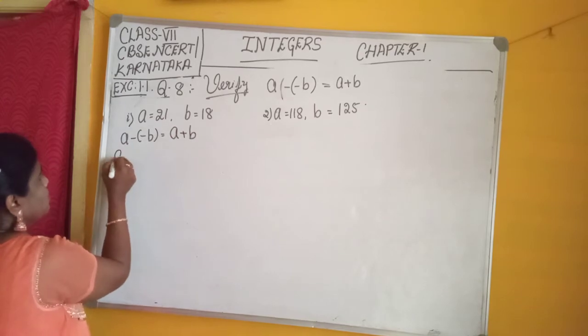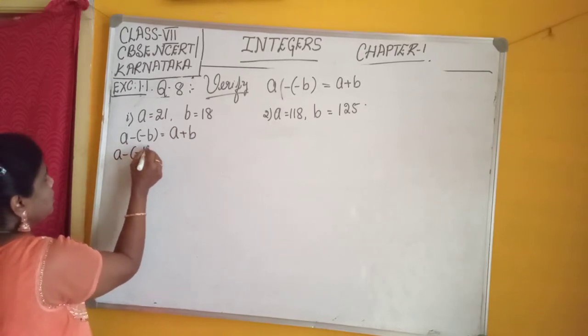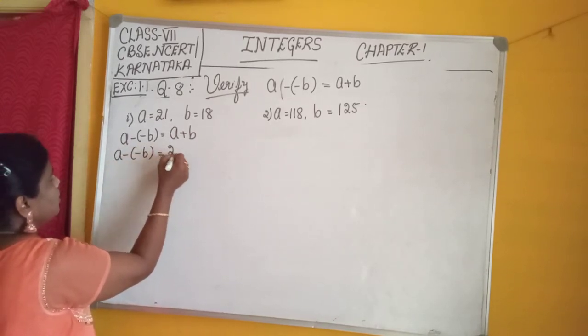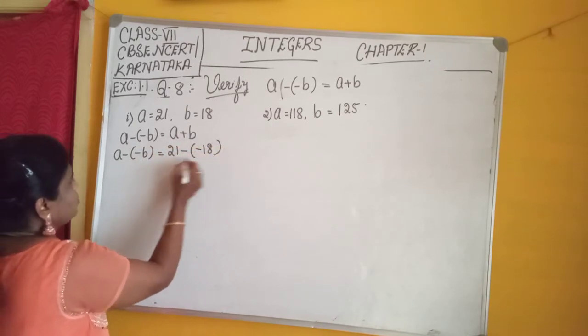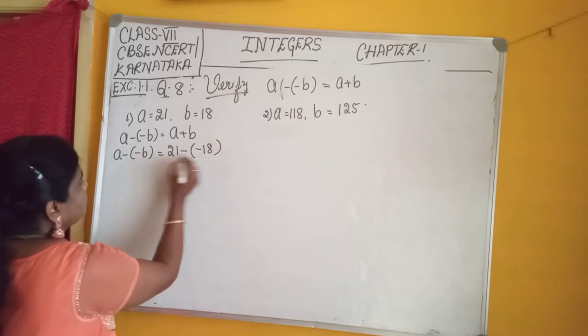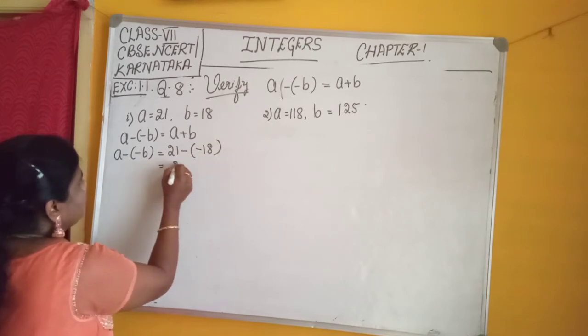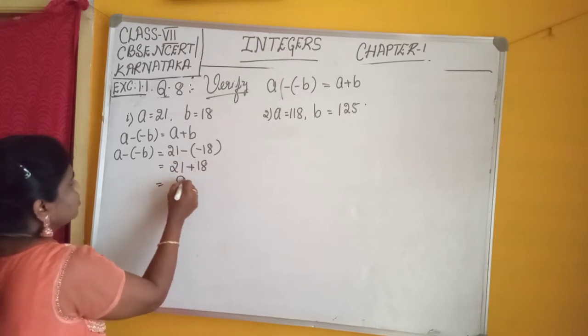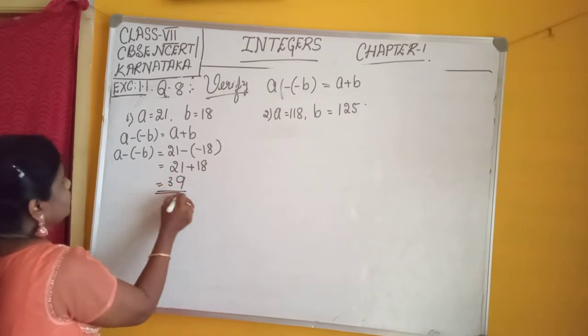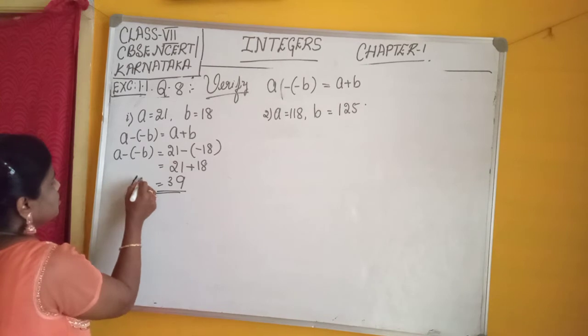Substitute these values in A minus of minus B. That is 21 minus of minus 18, which is 21 plus 18. We got 39 here. This is LHS.